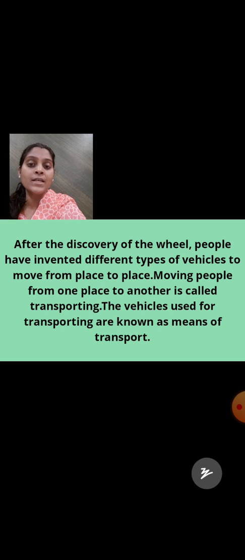And by using this wheel, different vehicles were made. And people use these vehicles to travel from one place to another place. Okay. Now moving people, that means taking people from this place to another place is known as transporting. Okay. And the vehicles which are used for transporting people and things is known as means of transport.